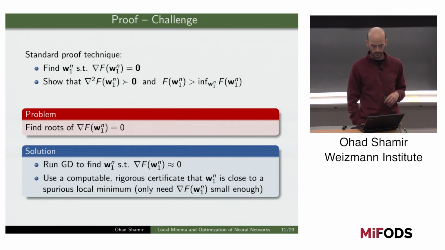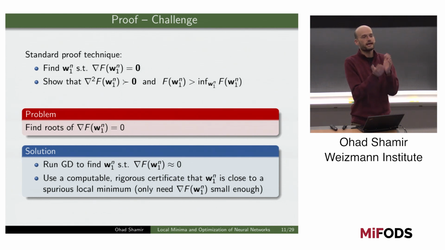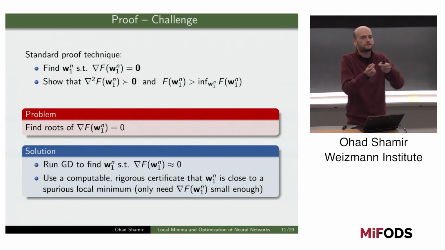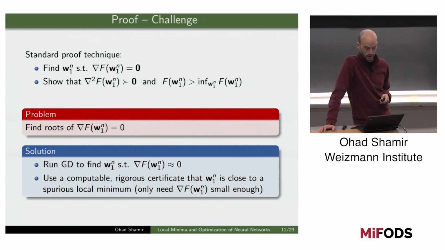It's based on computable quantities, which basically says that if you reach a point where the Hessian is positive definite and the gradient is sufficiently close to 0, then necessarily you reached a point very close to a local minimum. And then if the value is much larger than the global minimum, it means that there must be somewhere in the neighborhood a spurious local minimum.